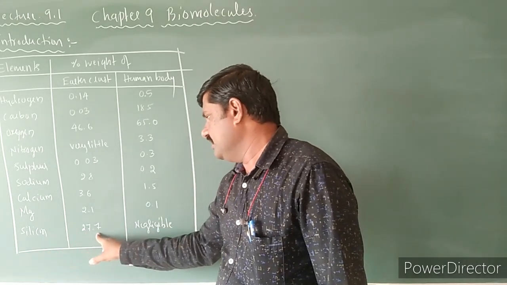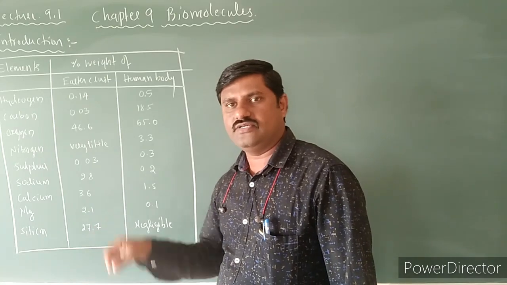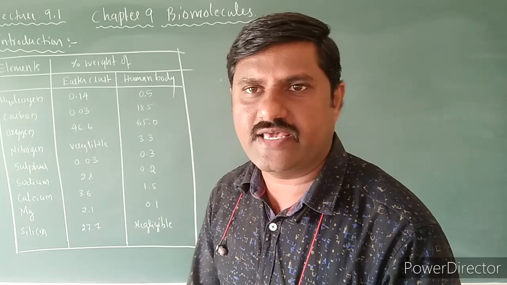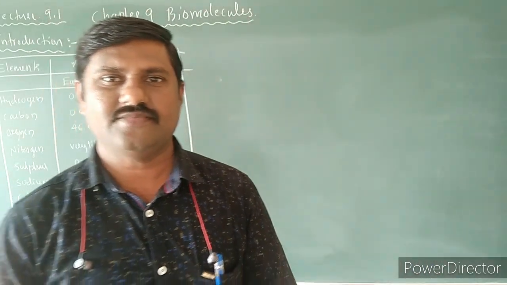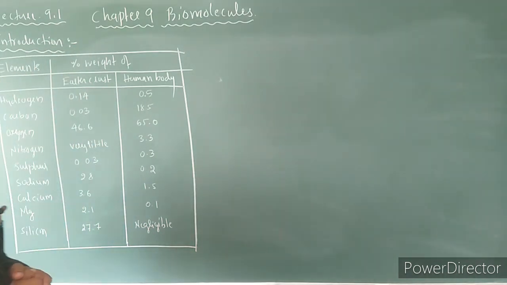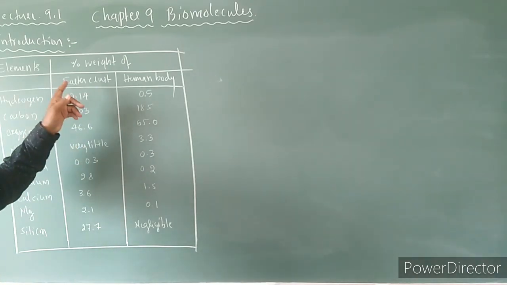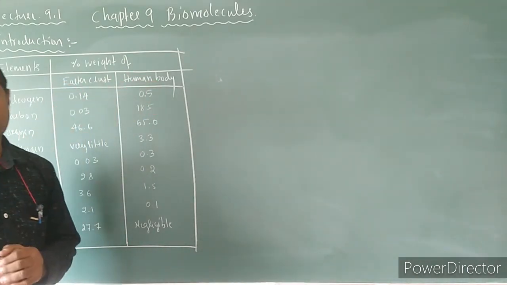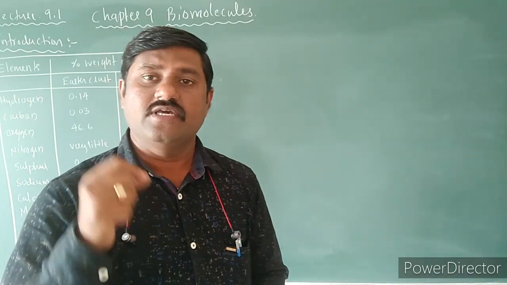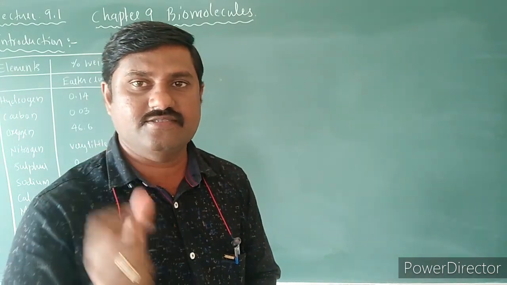In the same way, silicon is 27.7% in the earth crust, that is in soil, and it is very negligible in the human body. Right? So this is how we can analyze the percentage weight of the individual elements present both in the earth crust as well as the human body. What it suggests is that the living systems as well as non-living systems consist of the same kind of elements. Right? This is the conclusion.